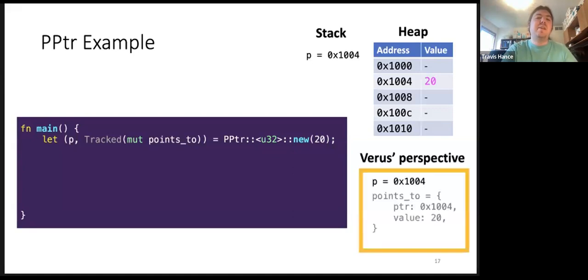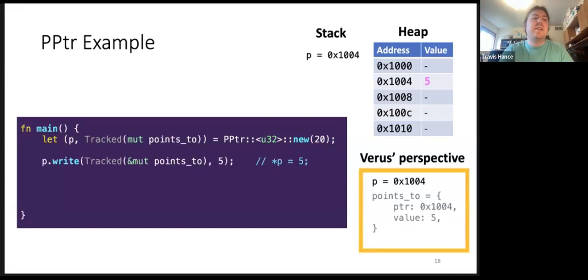In Verus's perspective, the points to is very important because it actually shows that the pointer points to the value 20. And by the way, the name points to comes from separation logic, if you didn't make that connection. So that's basically what happens when you do an allocation.